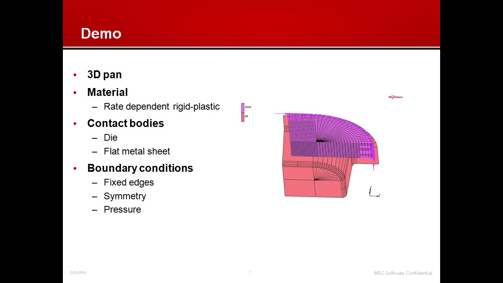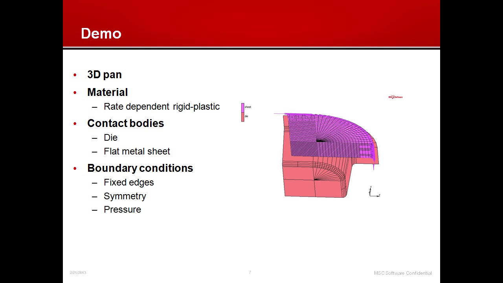So I'm going to show an example and show you how to create this type of model, how to perform this type of analysis. And it is a simple model in the sense of geometry. So I have a 3D die that is defined by surfaces, and we have a sheet.